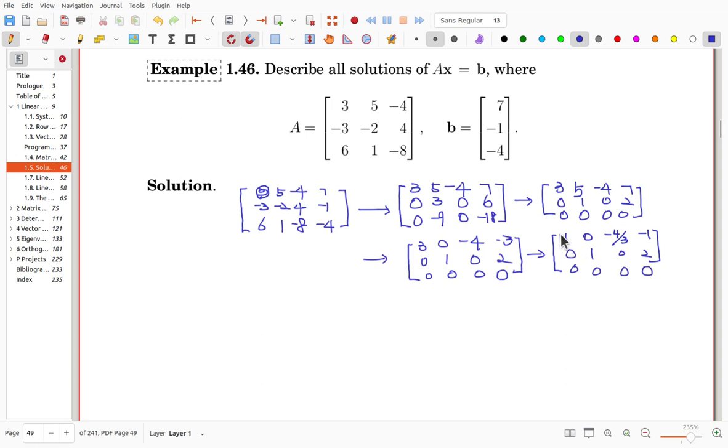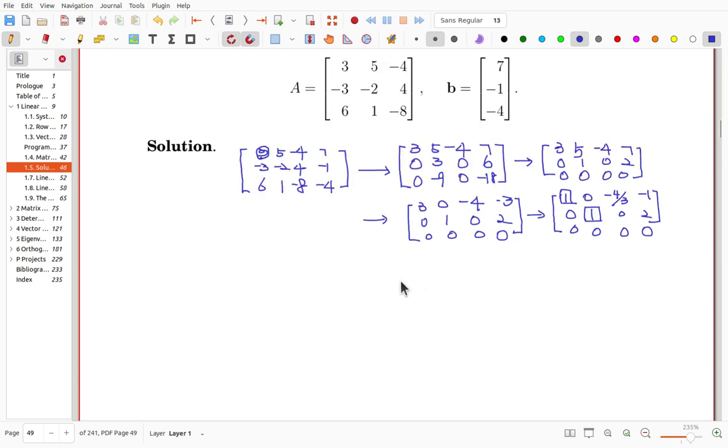This is the first pivot, and that is the second pivot. This is the reduced echelon form. Now from this reduced echelon form we can get the algebraic system.